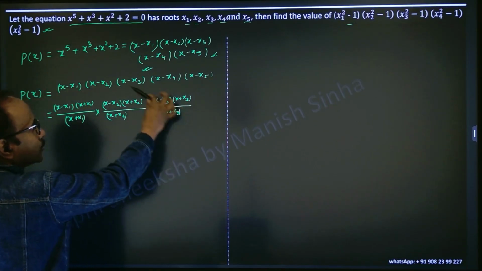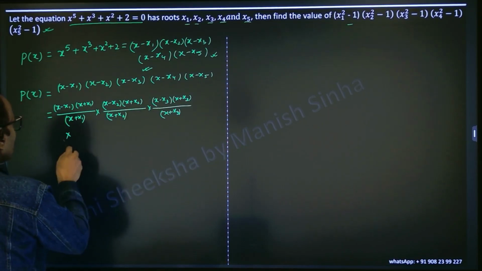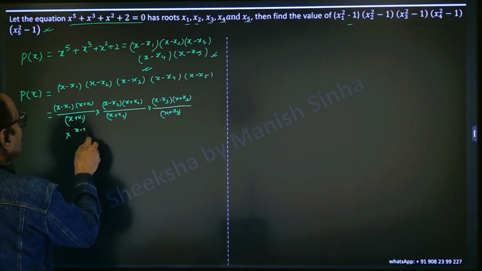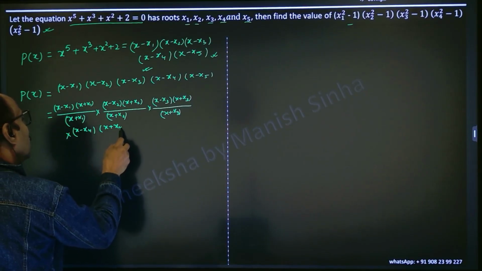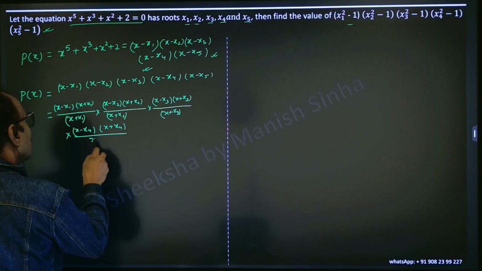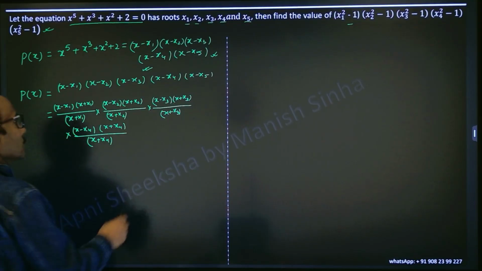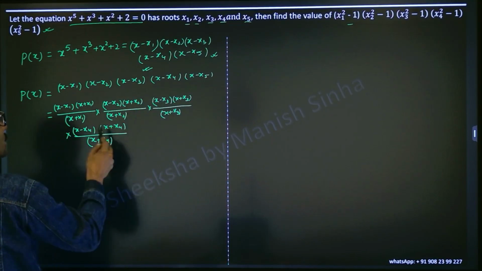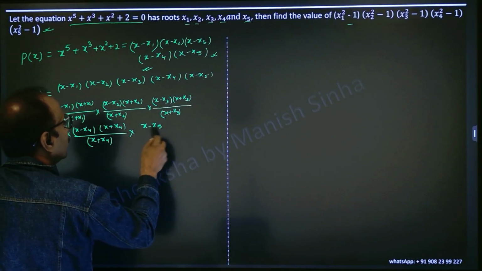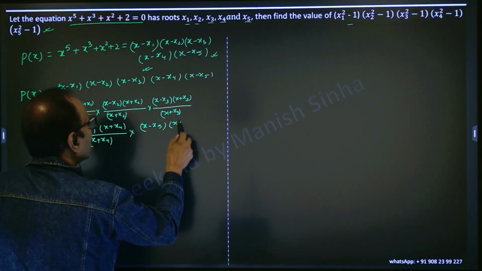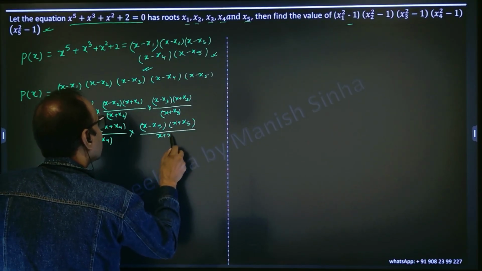Same way for this, x minus x4, x plus x4 divided by x plus x4. This is the same, x minus x5, x plus x5 divided by x plus x5.